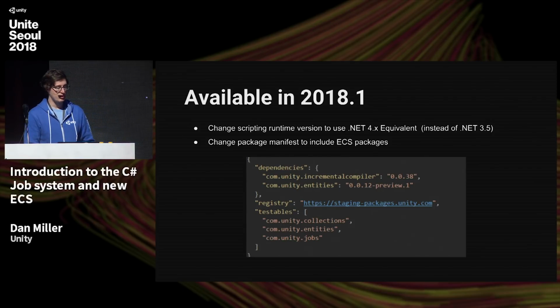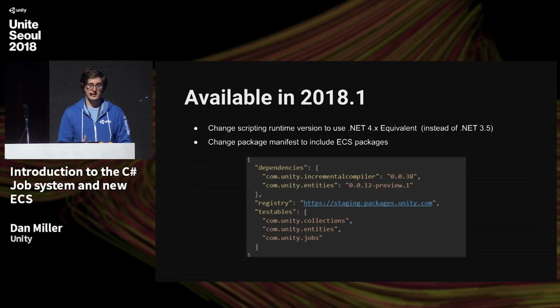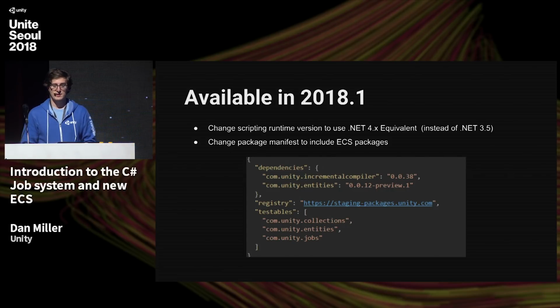Next, you'll need to go into your manifest file, which is basically just a data file that exists with every new Unity project that you have. It's at the same level as the assets folder, if you're familiar with the project hierarchy.